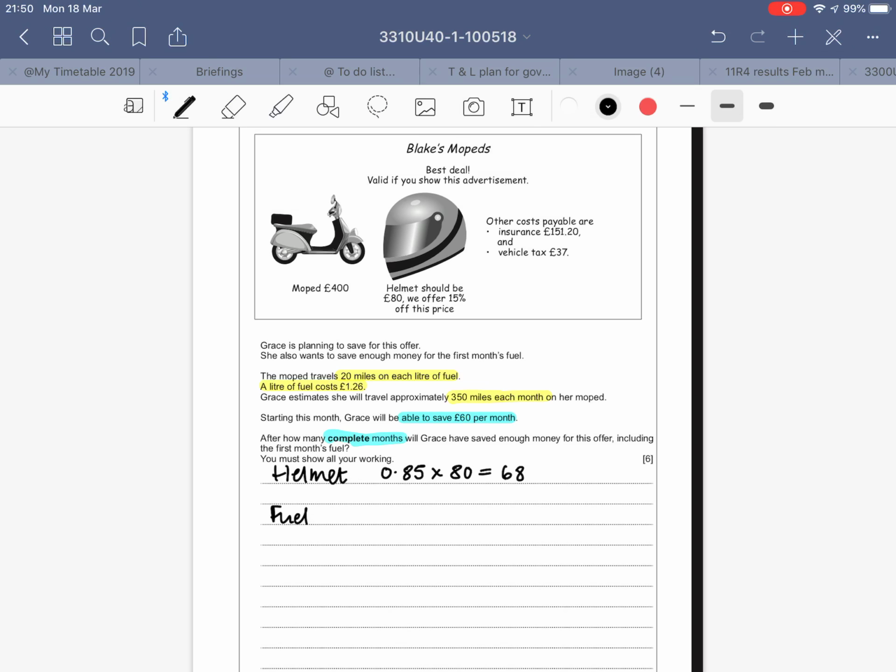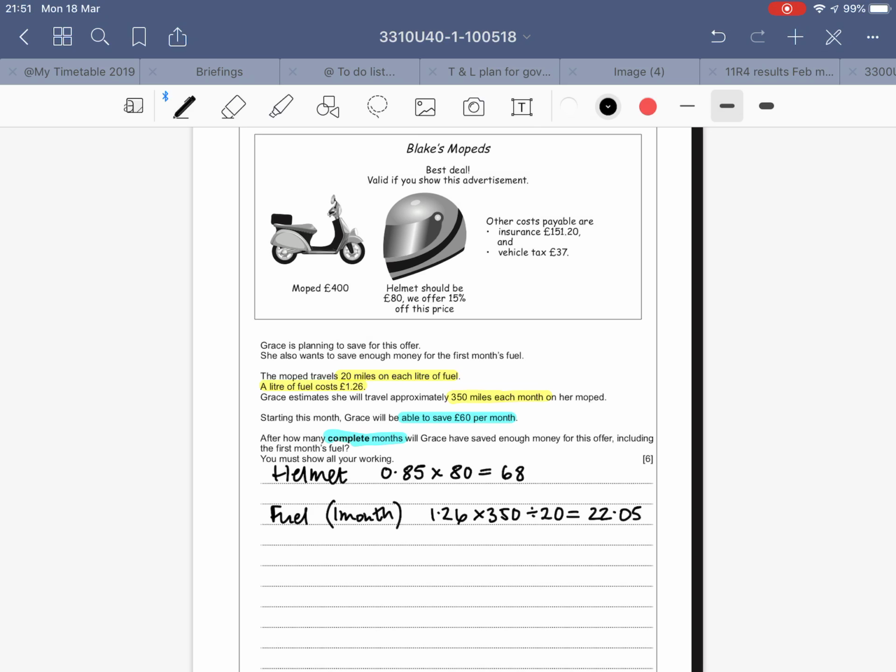Fuel for 1 month is going to cost me £1.26 a litre, and we're going to have to do that for 350 miles, knowing that every 20 miles is going to be a whole litre. So 350 shared into 20s will tell you how many litres you need to buy, and they cost £1.26 each. I'm typing that straight into my calculator to find out that that's £22.05.